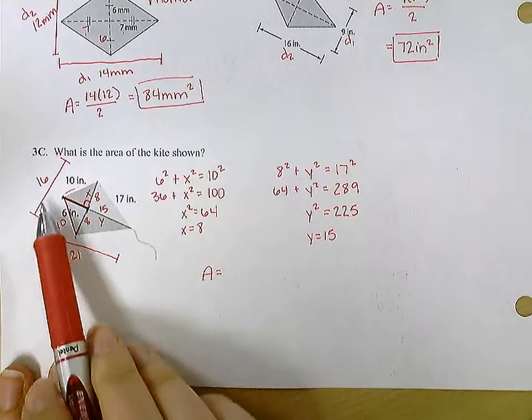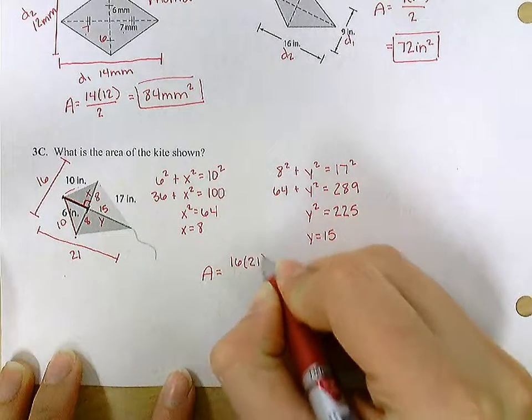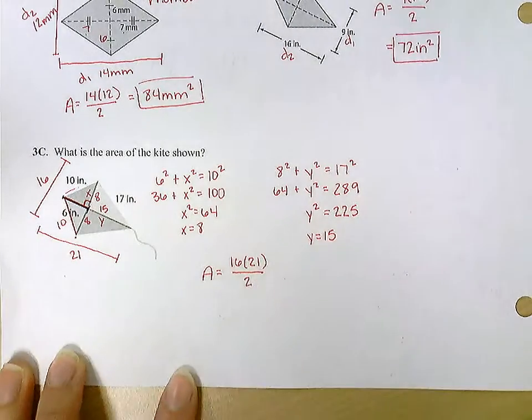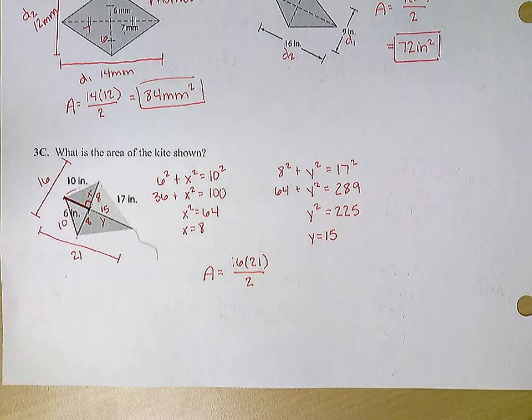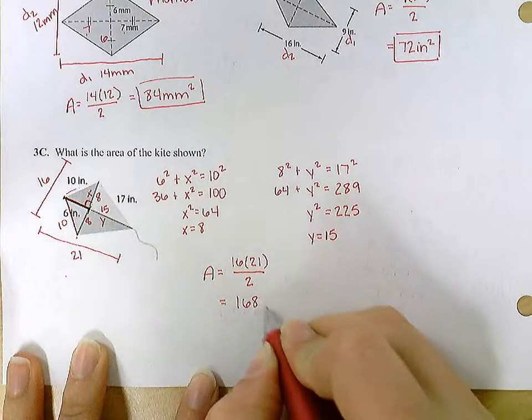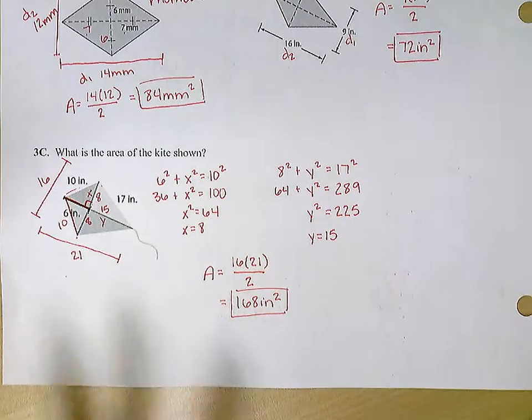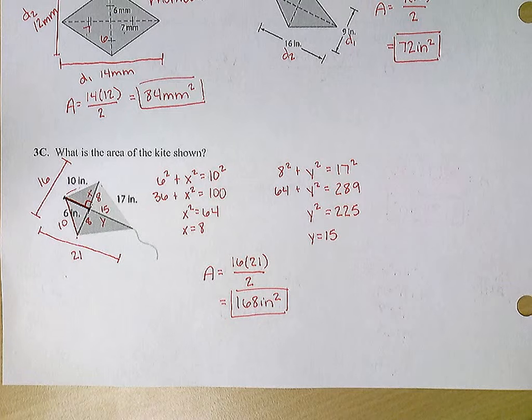Okay, so multiply your two diagonals together, 16 times 21, and divide it by 2. And you should get 168 inches squared.